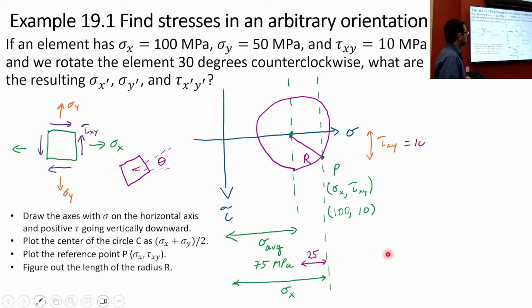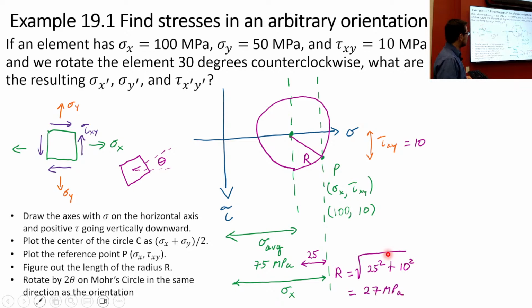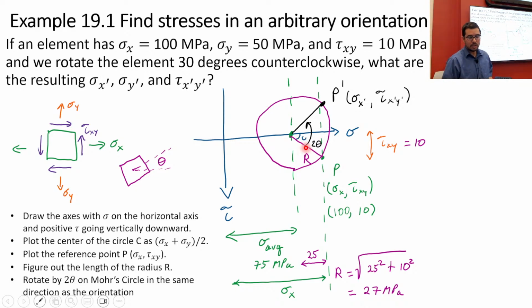From there, we have to rotate by 2 theta, which is going to be 60. So this is supposed to be something close to 60 degrees of rotation. And once we've rotated 60 degrees, we have to figure out what the value is there.